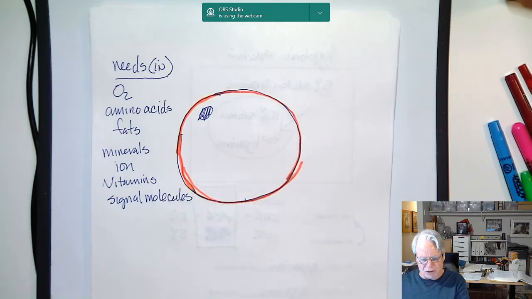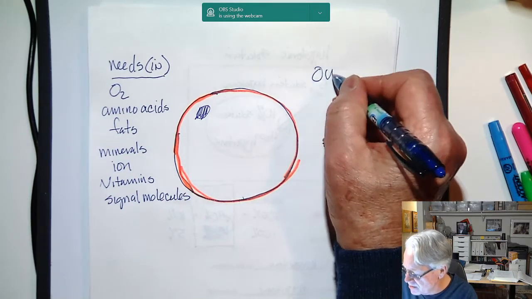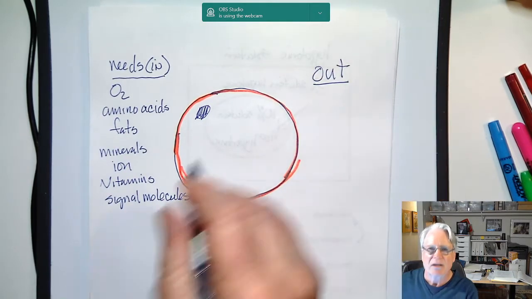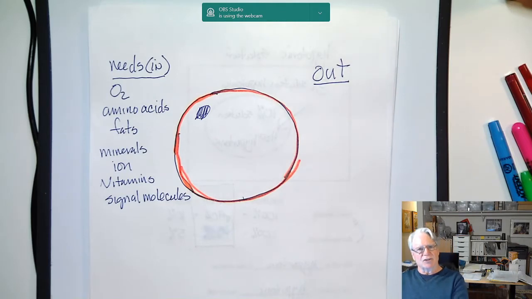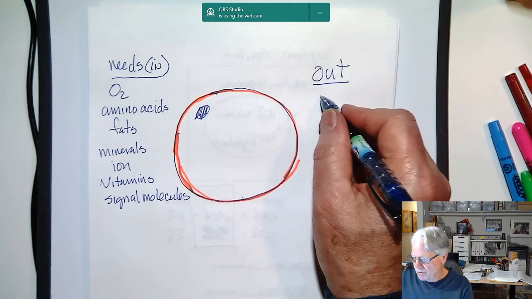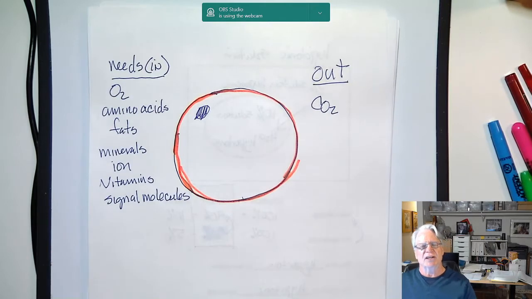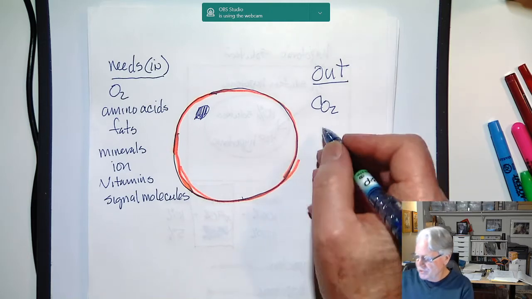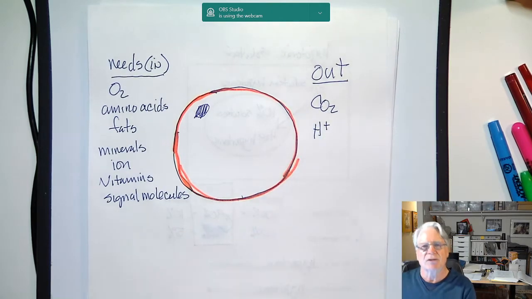But that's not the whole story, because we also need to take things out. It needs to get rid of certain things. For example, carbon dioxide. Carbon dioxide is a waste product, and we can't allow that to build up inside the cell, so we need to remove it. Hydrogen ions, we talked about this. Hydrogen ions, another waste product, always constantly being produced, needs to be dealt with.